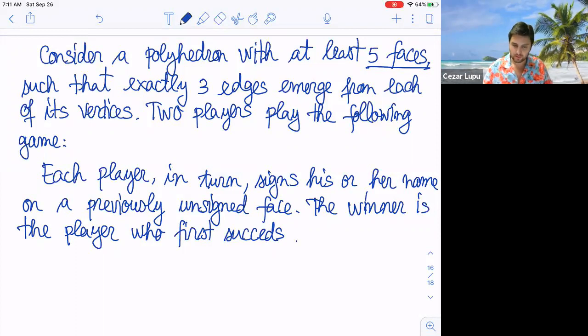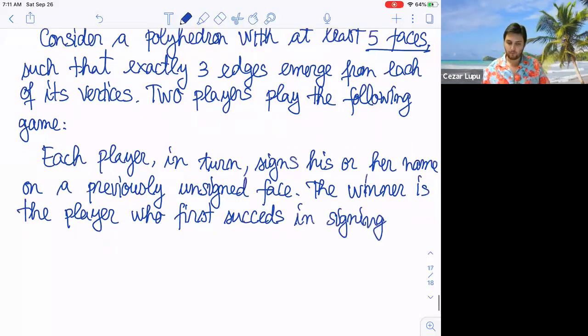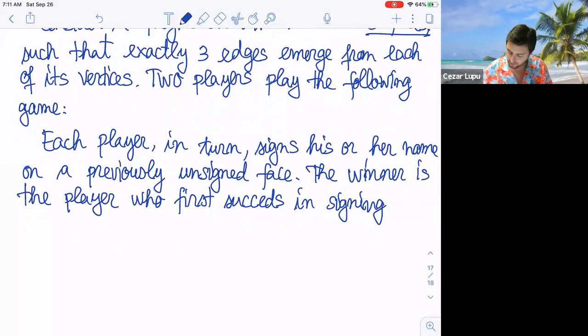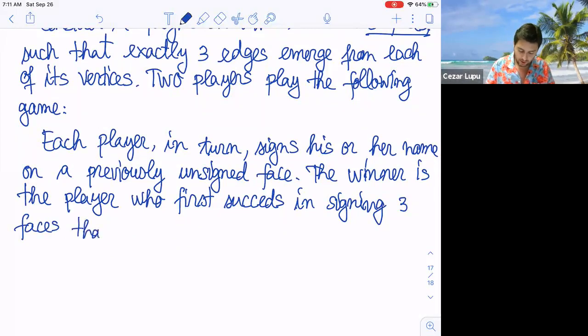Who first succeeds in signing 3 faces that share a common vertex.